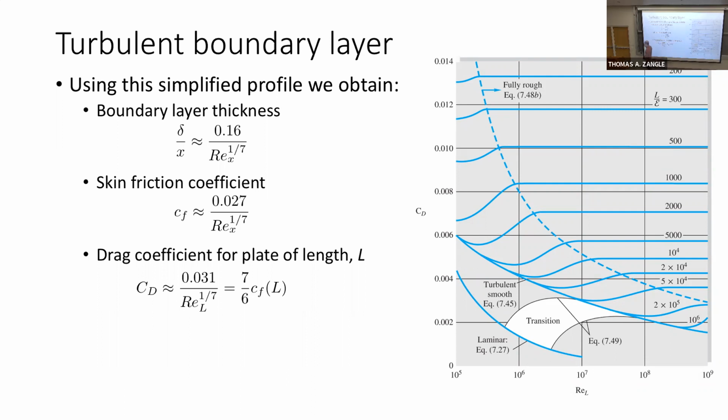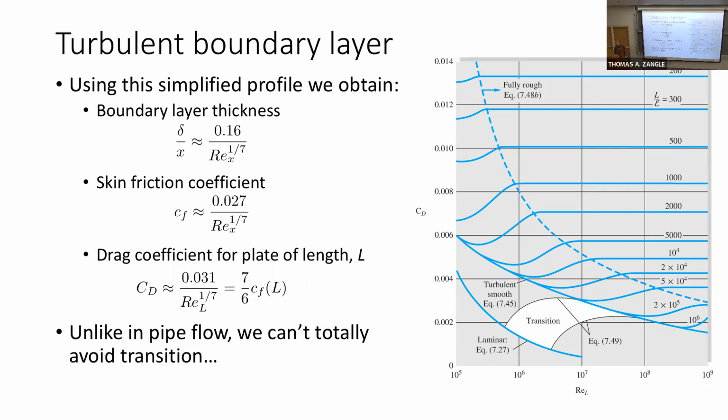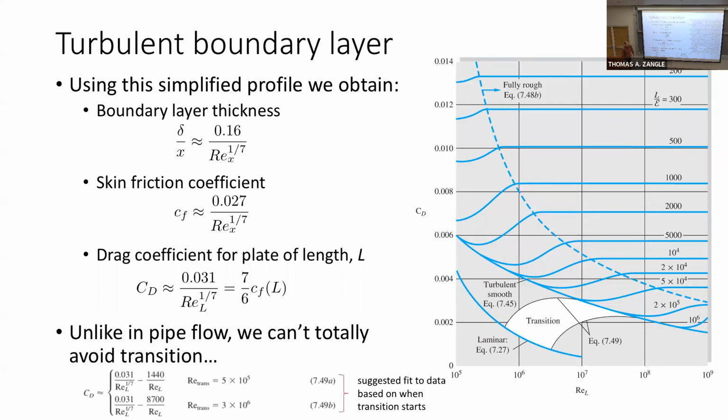One feature of turbulent flow is that we cannot totally avoid transition. Sometimes we're going to end up with a plate that is just the wrong length or a speed that is just the wrong speed, such that we're in the regime of transition to turbulence, denoted by this big blob here. Notice that the onset of it is a little bit amorphous.